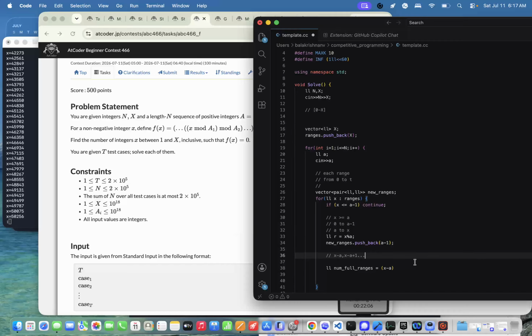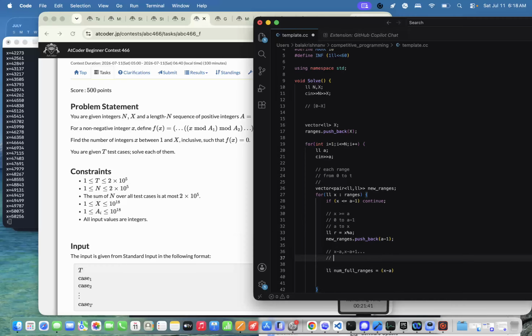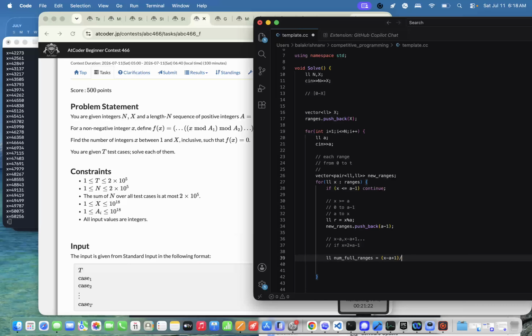So x minus a, if x is 2 times a minus 1, the full range is 0 to a minus 1 here, divided by a.